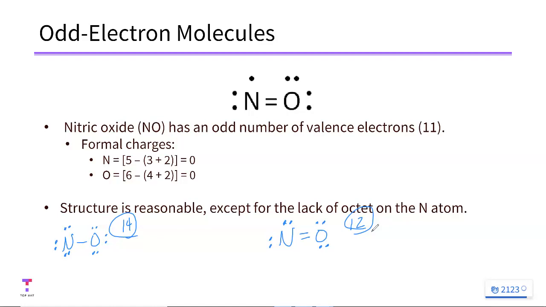Now, we know from the diagram that they give us what the correct answer is, and we know that the formal charges work. But if I was not given this, I could look at the formal charges in this structure and say, okay, for the nitrogen, I've got 5 valence electrons, 2 bonds, and 4 dots. That's a -1 charge. For the oxygen, I have 6 valence electrons, 2 bonds, and 4 dots. That comes out 0.